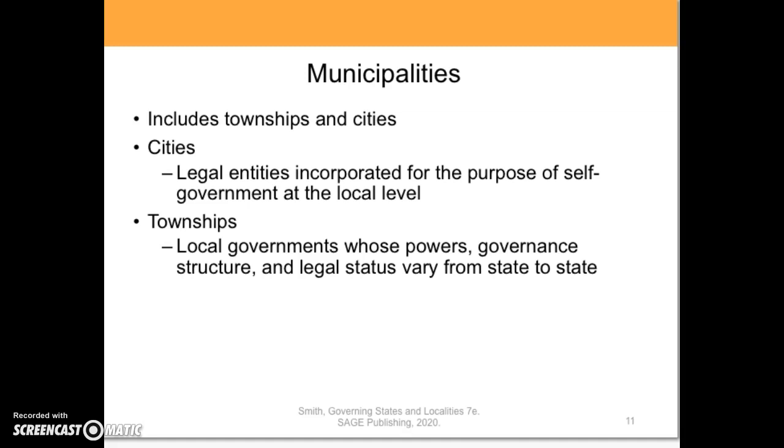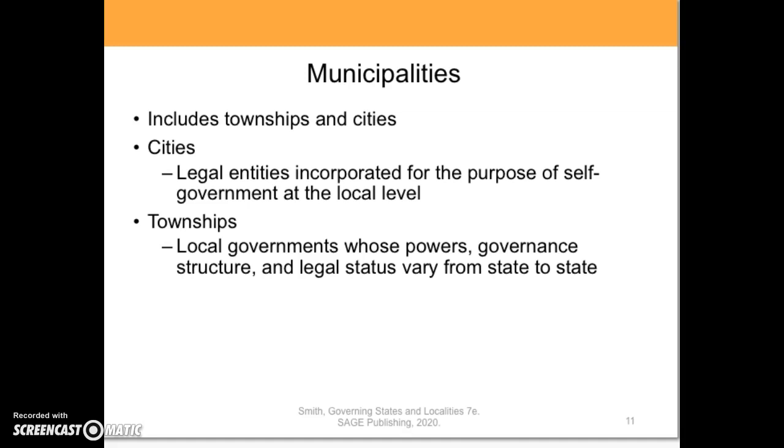Okay, so now municipalities include something other than cities. Oftentimes when we think of municipalities, we might think of big cities, but keep in mind that there are four basic governance systems used by municipalities. And we're going to talk about those, and we're going to look at things such as cities and townships and what the differences are.